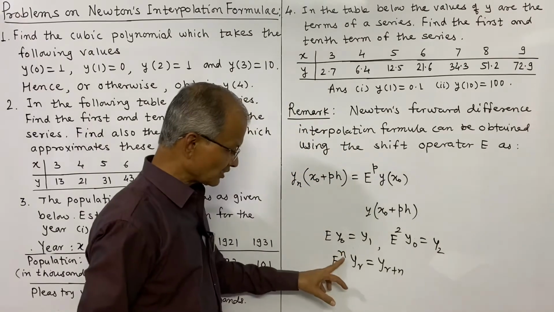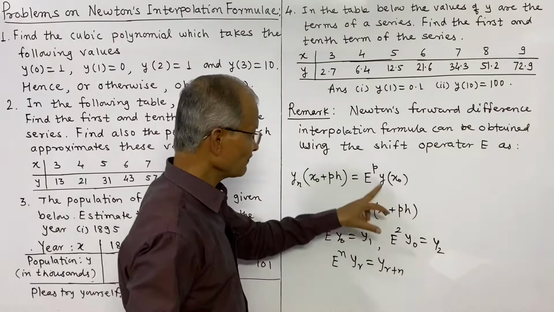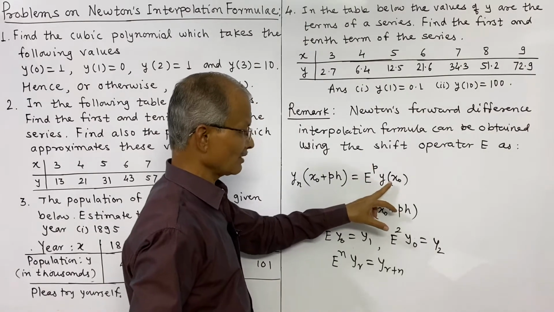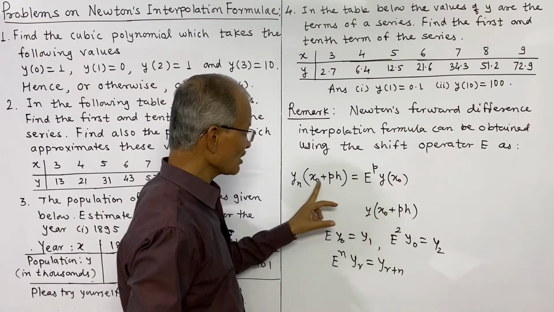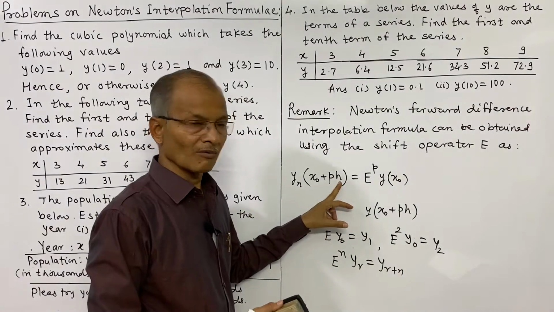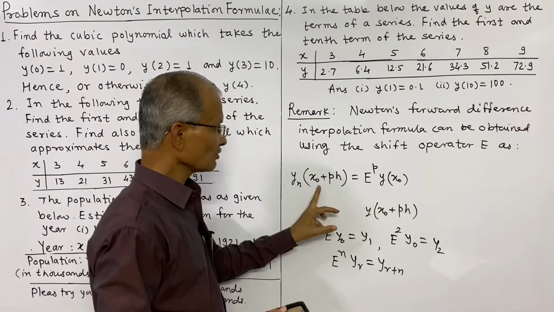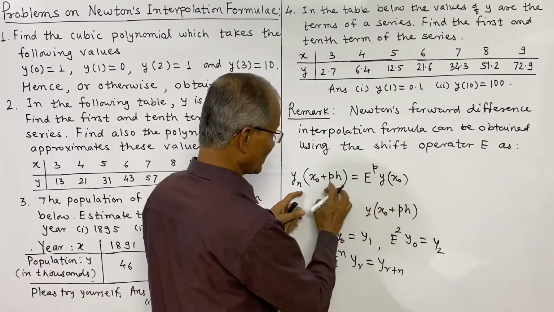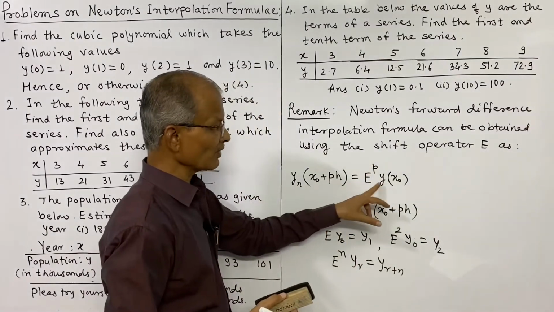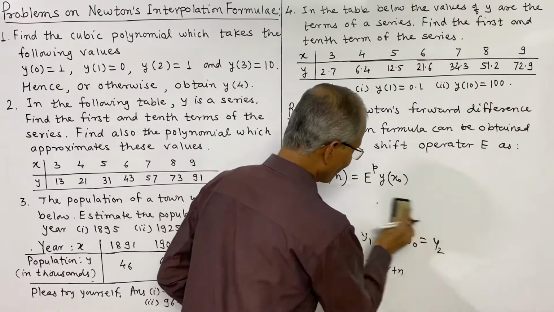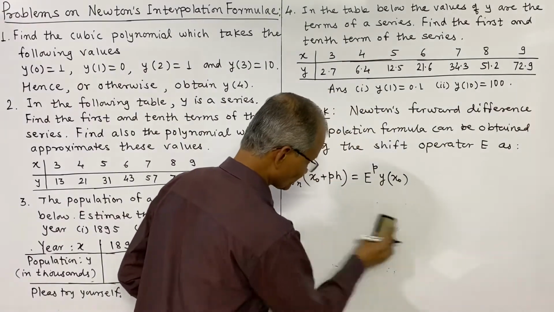So it shifts n steps forward, and if this is p it will take the value of y at x naught plus ph. So this is E to the power p y at x naught, and y at x naught is y naught.